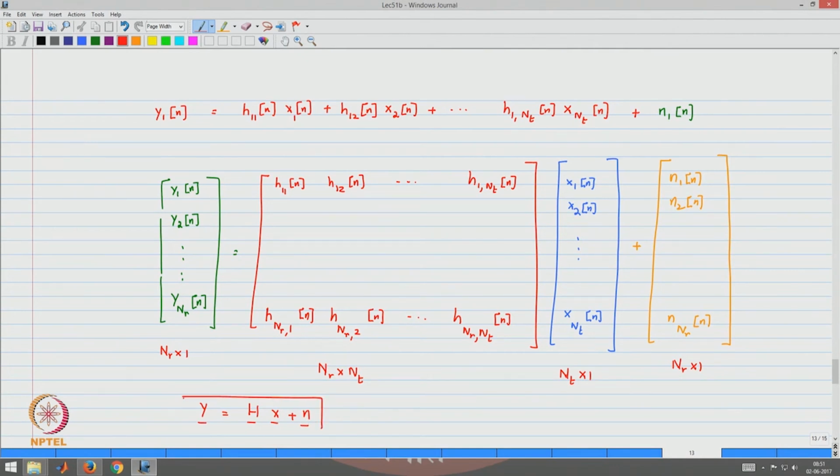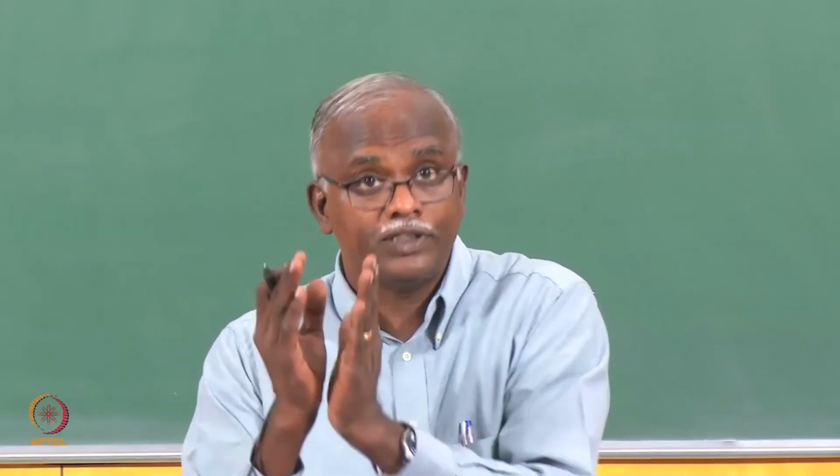So, this is the formulation of a MIMO system. There are NT transmit antennas, each of them transmitting a signal, and NR receive antennas picking up the transmissions from each of the NT transmitters, and of course, the noise terms being added in each of the receive antennas. So, in compact form we can write it as y is equal to Hx plus n.